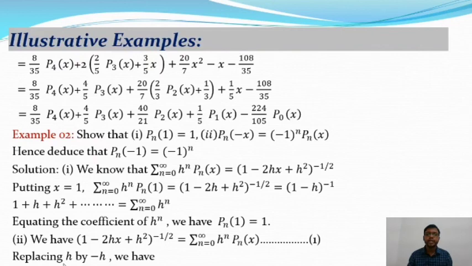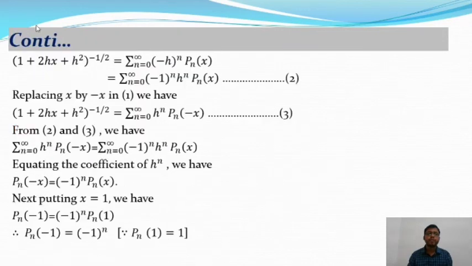Now replacing h by -h in the above equation, we get (1 + 2hx + h^2)^(-1/2), and it is equal to the summation over n from 0 to infinity of (-h)^n Pn(x). So (-1)^n h^n Pn(x). We can call it equation number 2.